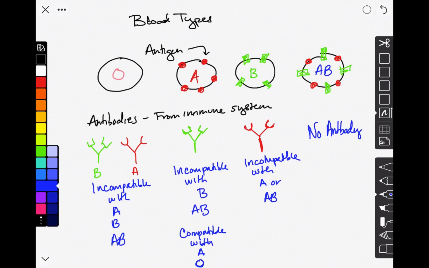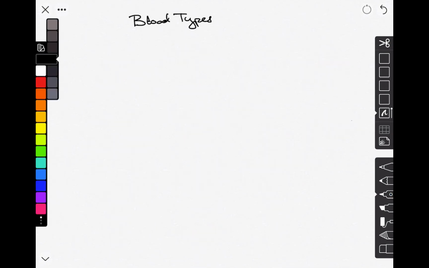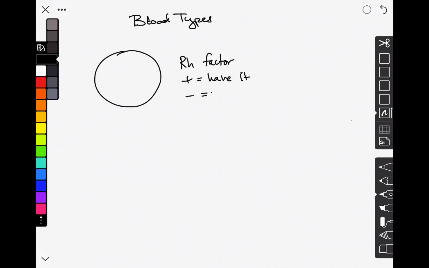In addition to these surface antigens, there's an additional one, and that one determines if you're plus or minus. There's an additional surface antigen, and that's called the Rh factor. And plus means you have it, and minus means you don't have it.